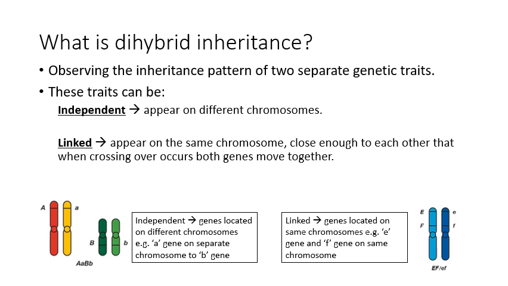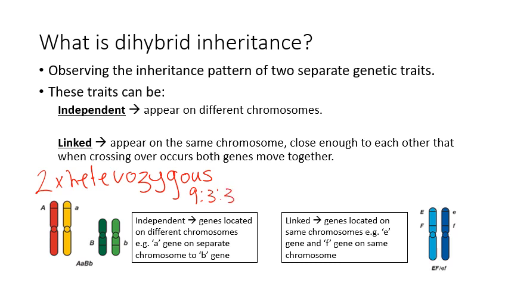In our previous video we also looked at examples of independent dihybrid crosses where we had two heterozygous individuals for both traits being crossed together, and we saw that we usually produce a 9:3:3:1 ratio when we combine two heterozygous individuals for independent or unlinked genes.